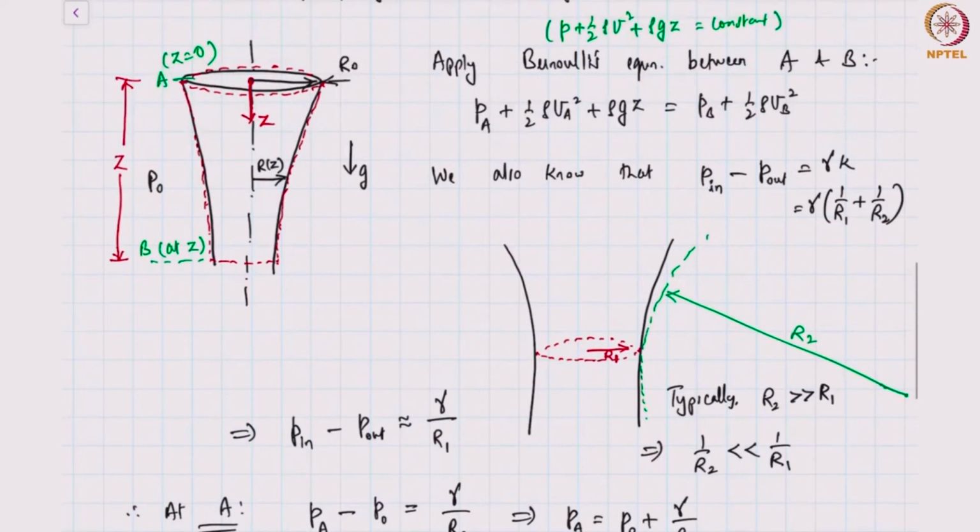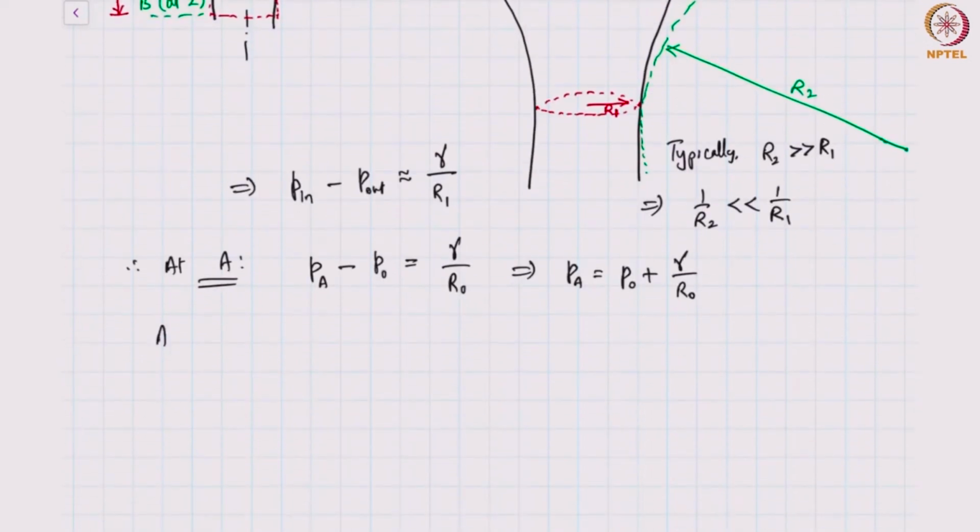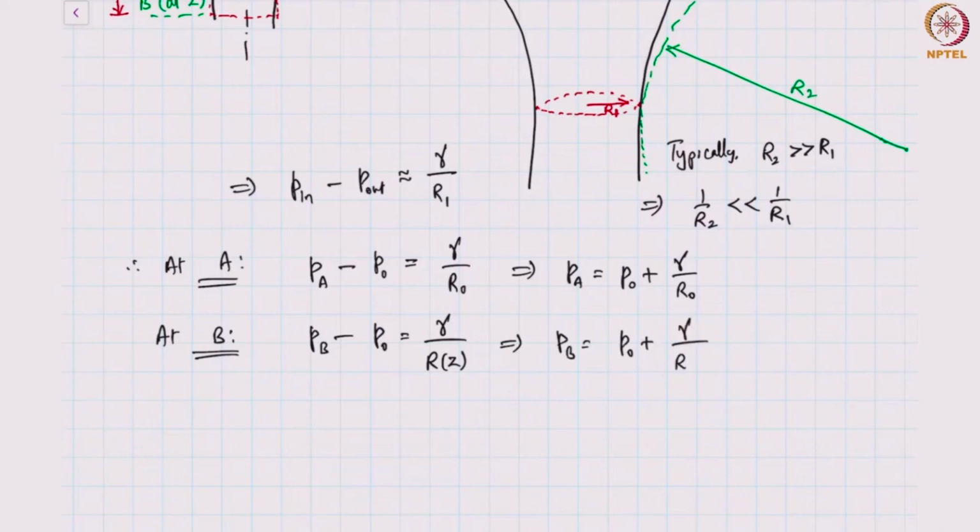The hydrostatic part need not be considered here because in Bernoulli's equation I've already taken that into account with the extra term rho gz. At B, the same expression gives PB minus P naught equals gamma by, I do not know the radius, therefore I'll call it R of Z. This gives PB equals P naught plus gamma by R of Z, right?